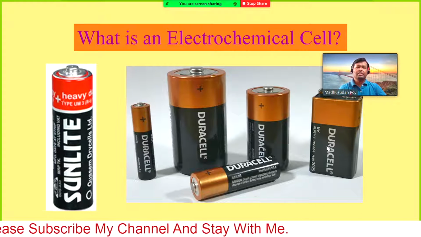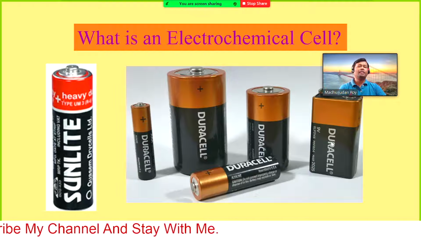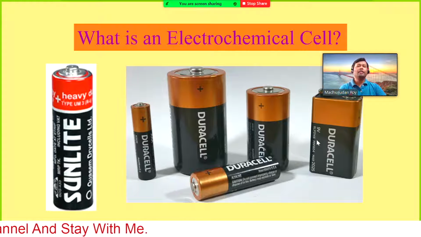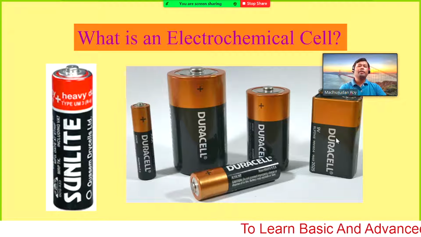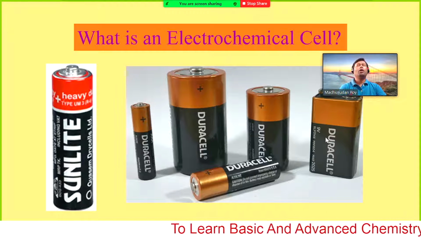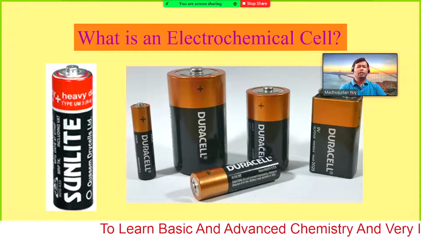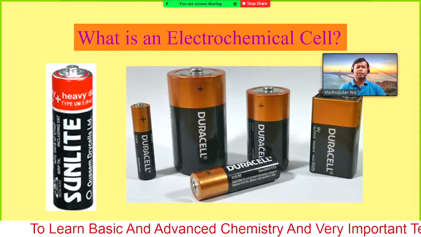So several cells are connected together so that they can give you a very high voltage. For 9 volt, it may have at least 4 dry cells like this, or even maybe more, 5 or 6.